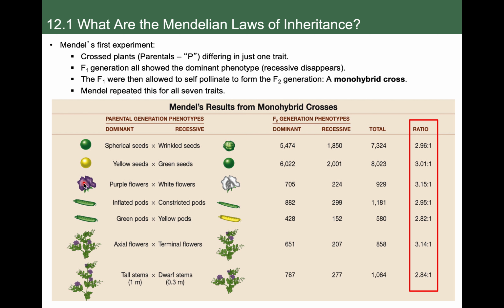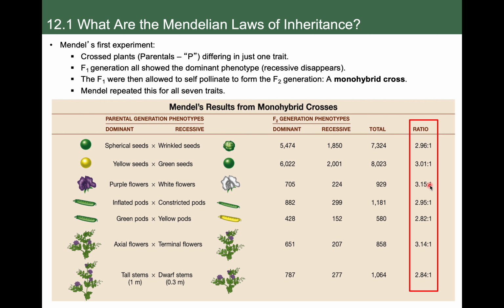So again, cross purple with white, right? All the F1 plants are purple, so we would say purple is dominant over white. It dominates. We go to the F2 generation, and all of a sudden we get some white back, but we always have about 3 times as many purple, 3 times as many of the dominant as the recessive, the white.